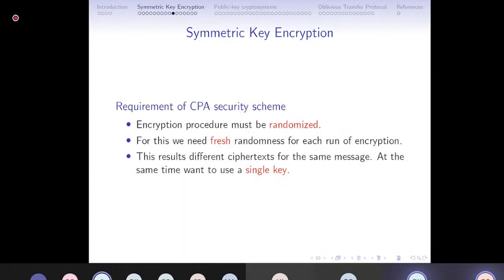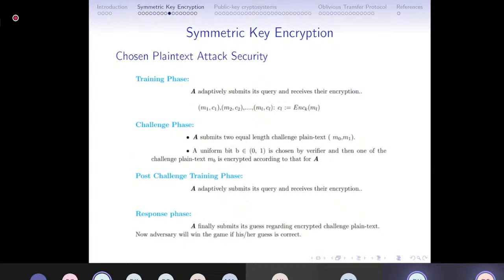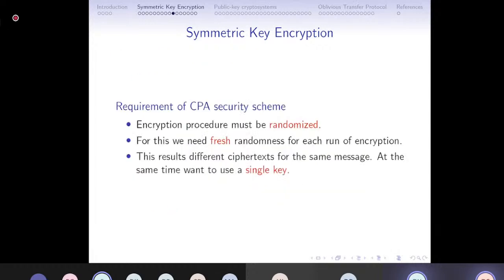As you can see, in the chosen plaintext attack, the adversary has a choice over the messages, and receives the set of encrypted ciphertexts. So in order to secure the construction against the chosen plaintext attack, our aim is to construct an encryption procedure which is randomized. That means instead of constructing a deterministic encryption scheme, our aim is to construct a non-deterministic encryption scheme.